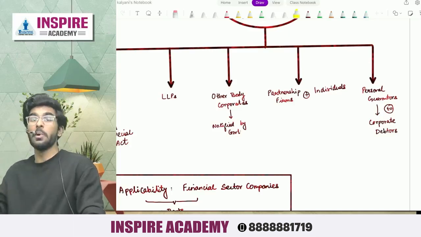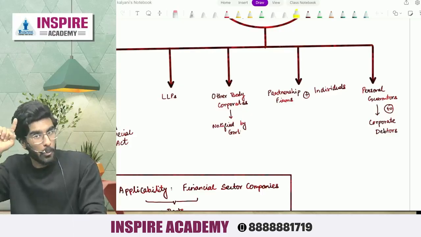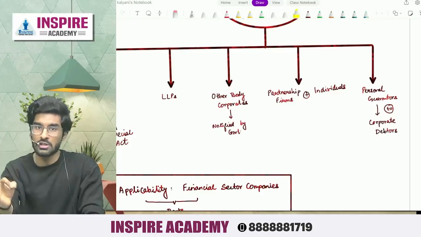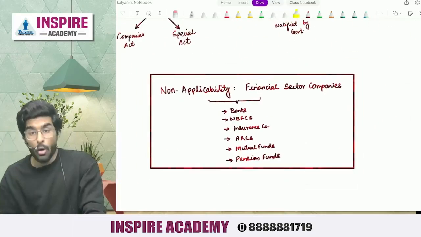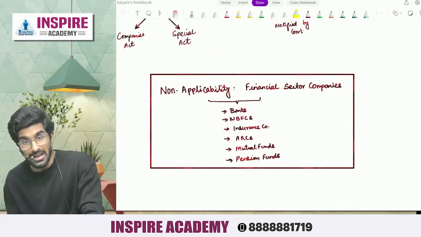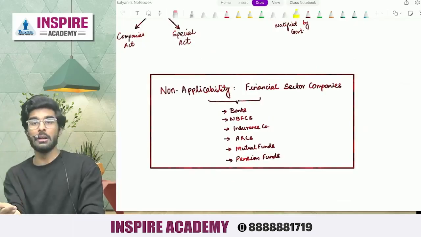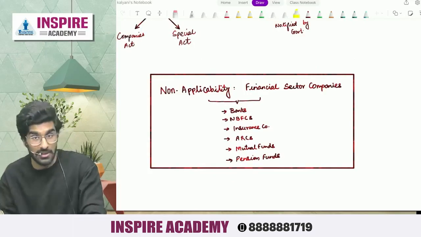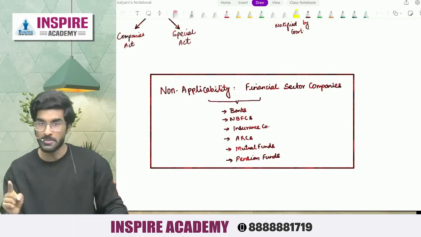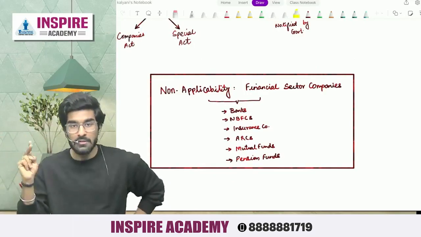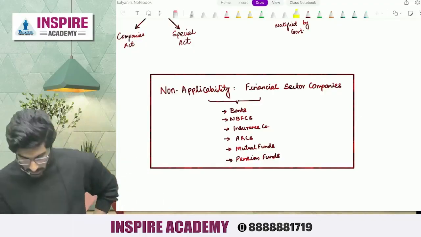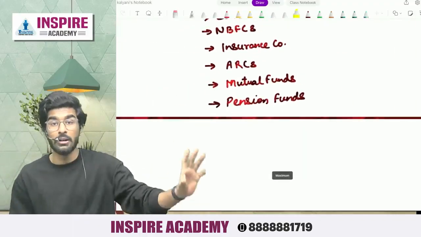And next is personal guarantors to the corporate debtor. To them, IBC 2016 will be applicable. Now, which type of entities are excluded from the IBC? All the financial sector companies are excluded from the IBC. Which are those, people? Number 1 is banks. Number 2 is NBFCs. Number 3 is insurance companies. Number 4 is asset reconstruction companies.